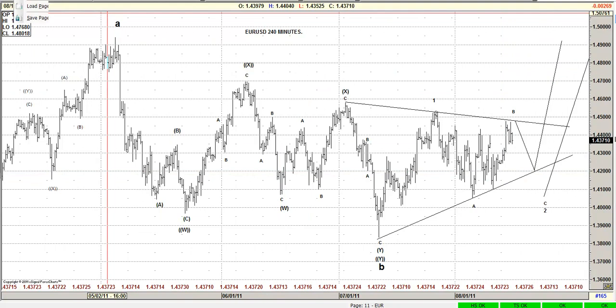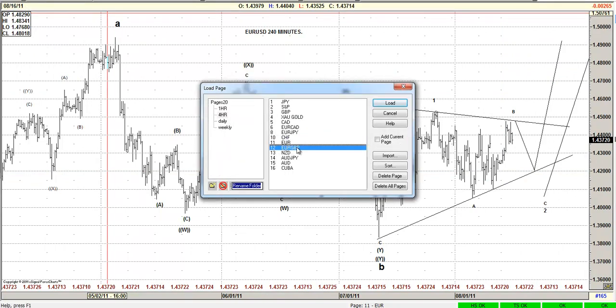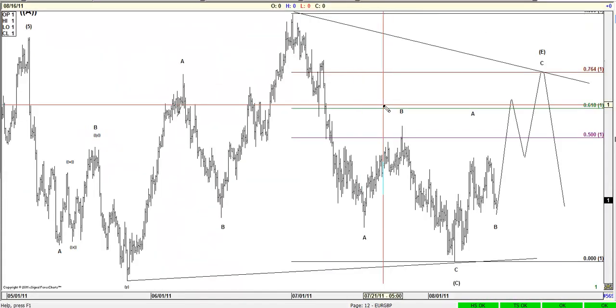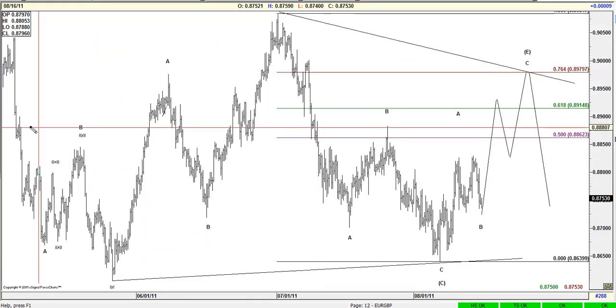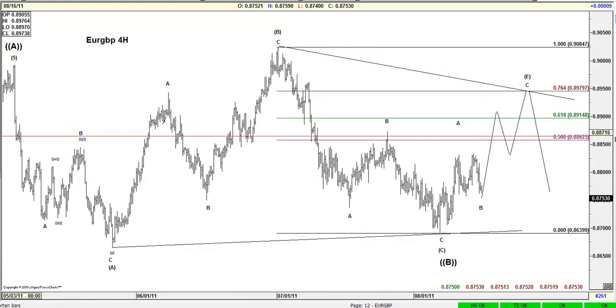Alright? Now, what else? The euro pound. The euro pound is one of the pairs that I like the most, believe it or not, me saying that.